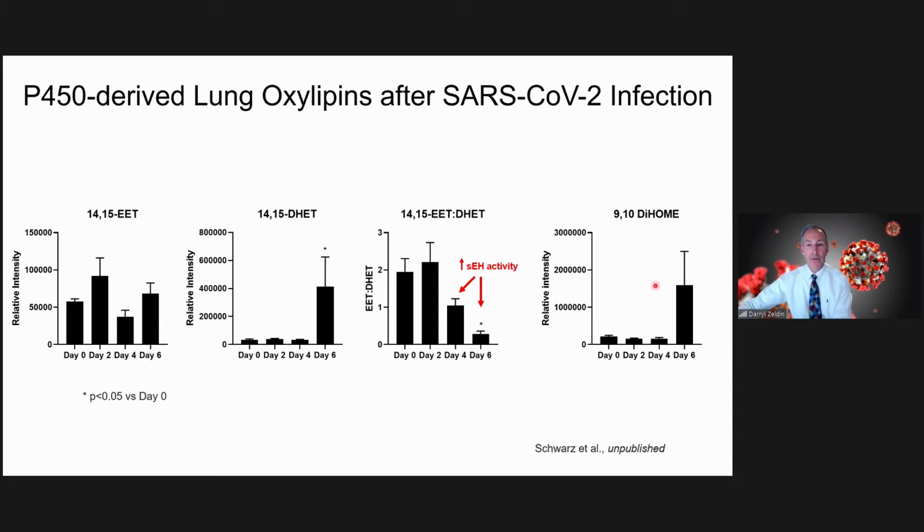The DiHOME pattern was very similar to that of 14,15-DHET, with a substantial increase on day 6 post-infection, again consistent with increased SEH activity. So together, these data suggest that SEH might be involved in SARS-CoV-2 infection and inflammation, and that SEH inhibitors may in fact be beneficial.